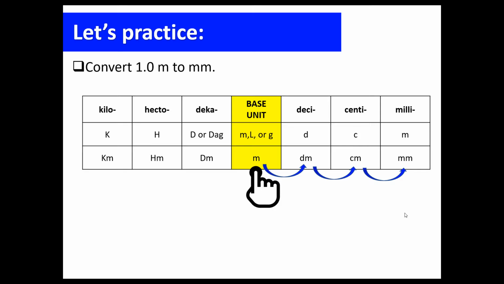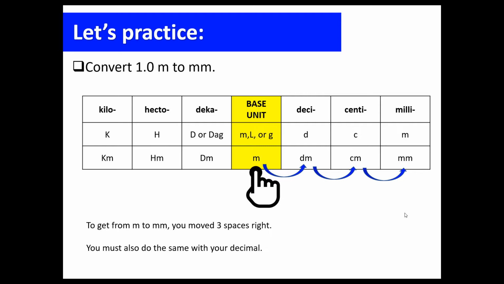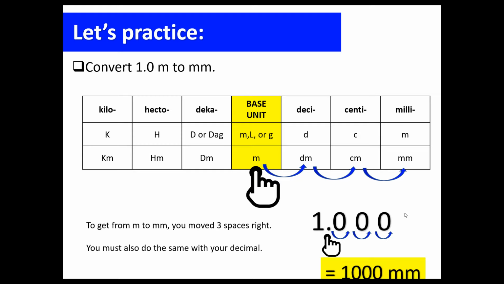So I'm given 1.0 as my starting number, and I'm going to move the decimal 3 places to the right. When you move the decimal 3 places to the right and fill in zeros anywhere we have the dips in our arrow, then we get a value of 1,000 millimeters. So there are 1,000 millimeters in 1 meter.